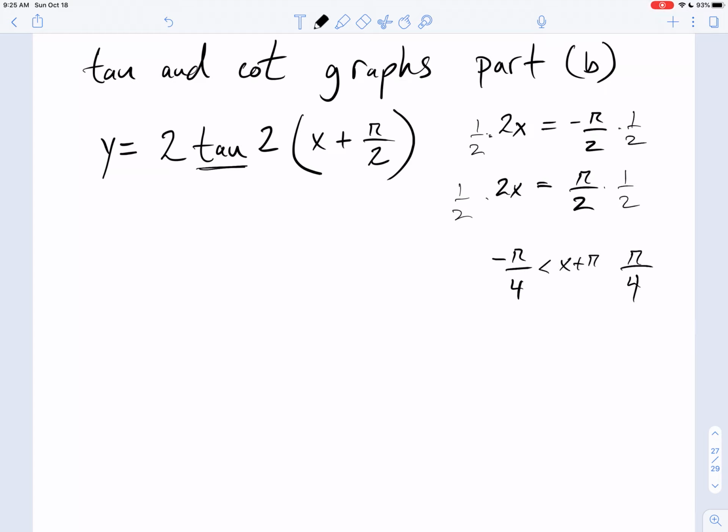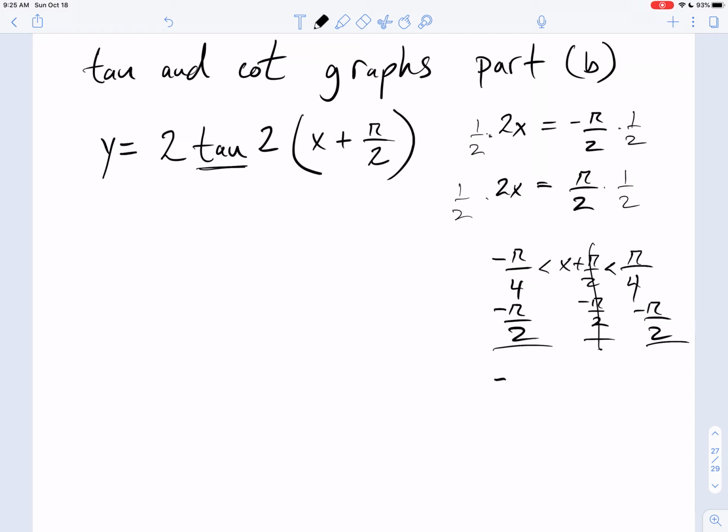However, here's where I'm going to have a little bit of a different situation. I have my phase shift in between. And my phase shift, I'm going to move it over. Let's do a little bit of combining of stuff. So negative pi quarters take away pi halves.